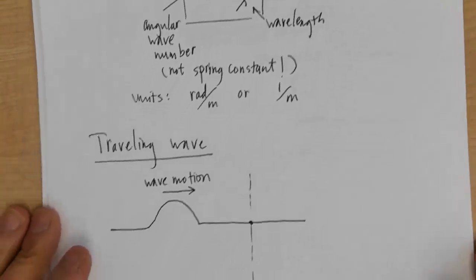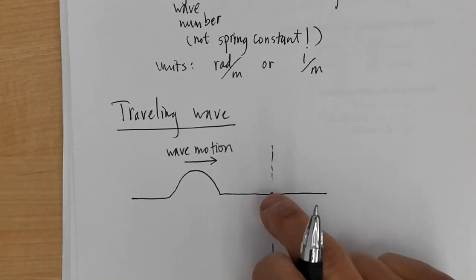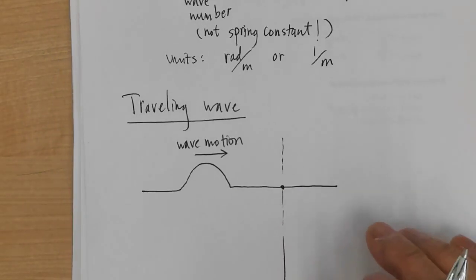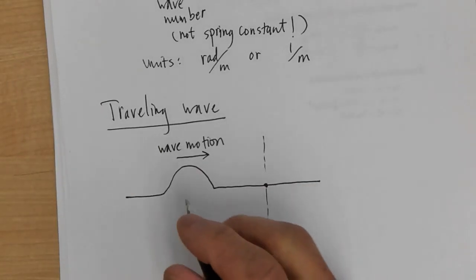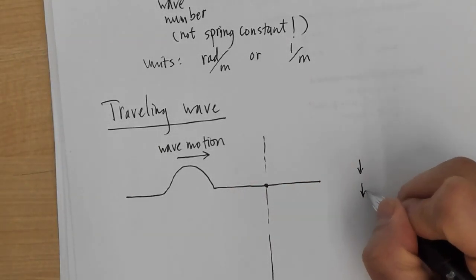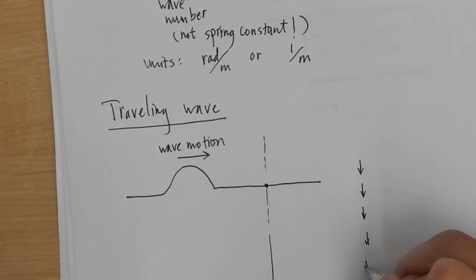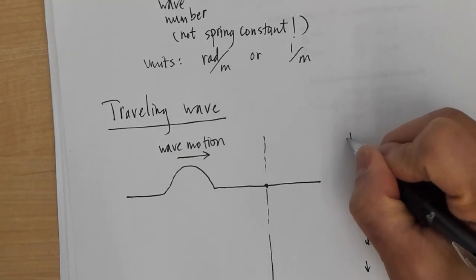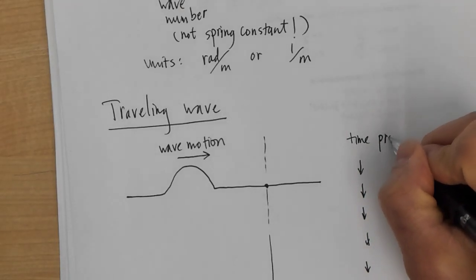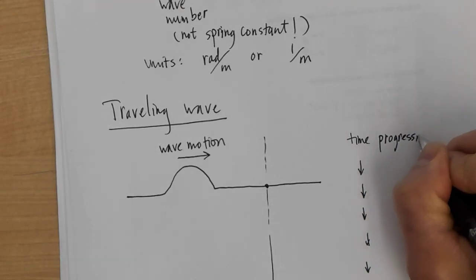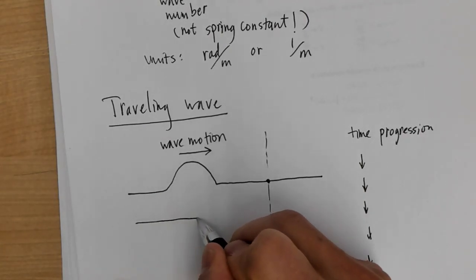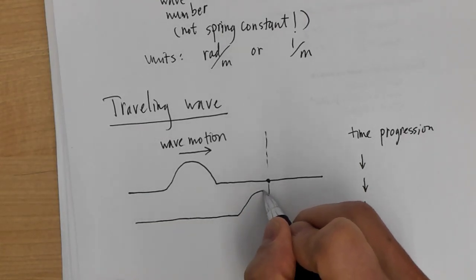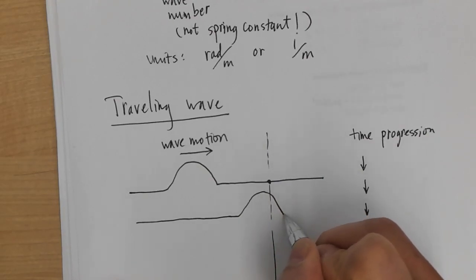As it moves like this, I can think about what's happening to this point on the string. I'm going to draw, this will be the flow of time, the progression of time. A little bit later in time, the wave pulse will have moved over here.